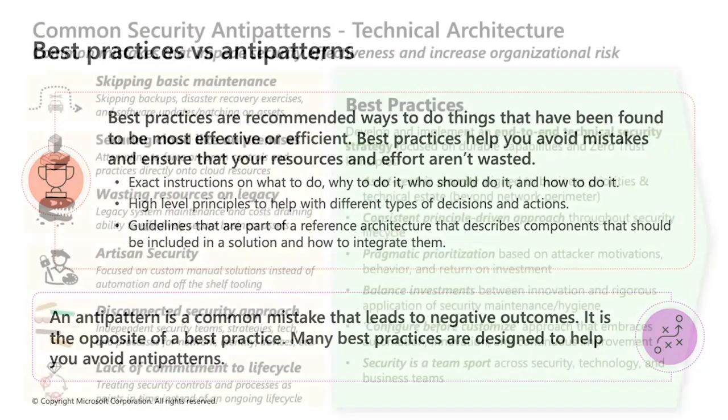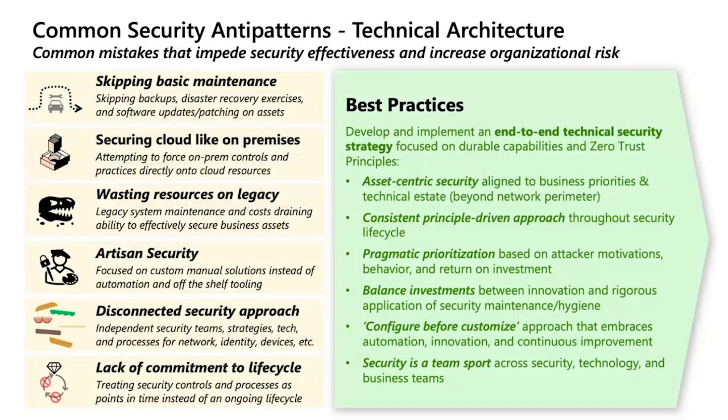Let's see. So especially when you talk about common security anti-patterns and technical architecture understanding, what we see here, generally, if we talk about common mistakes, for example, skipping the basic maintenance. Skipping the basic maintenance is definitely not a good idea, not a good activity.